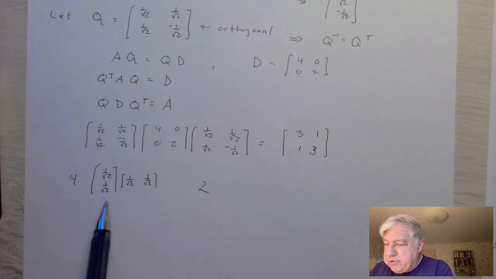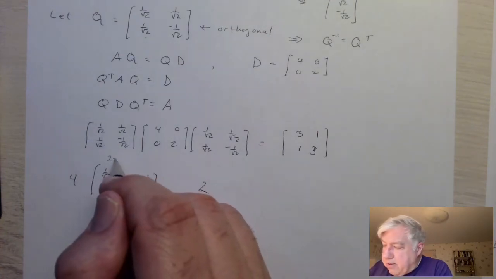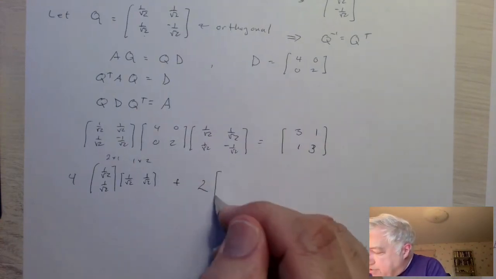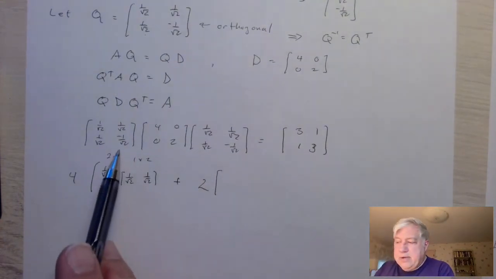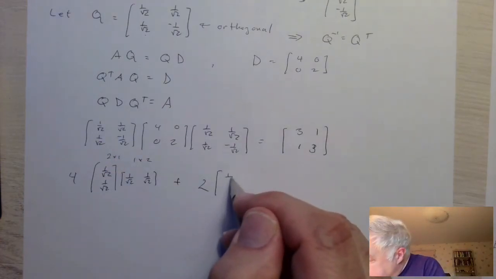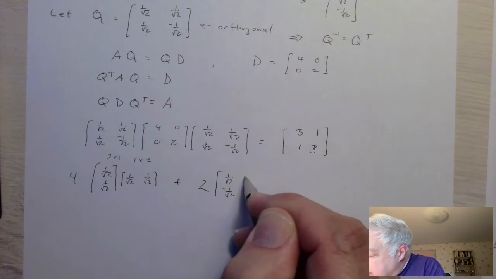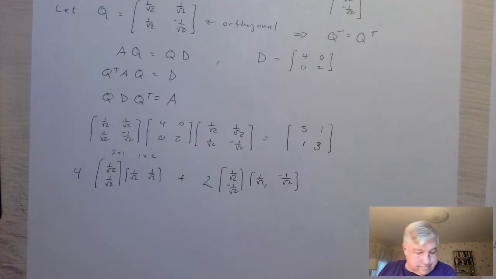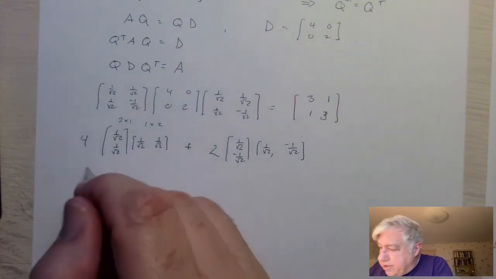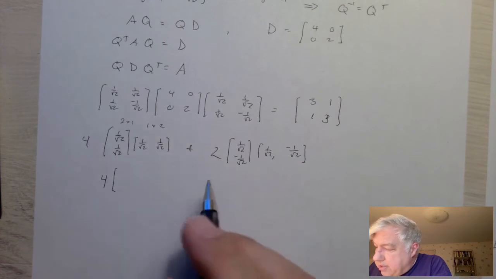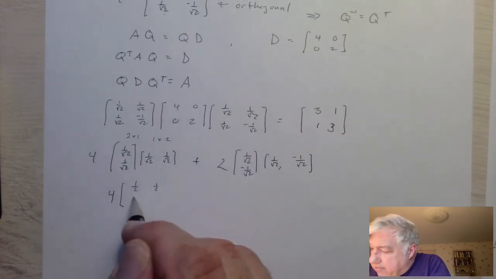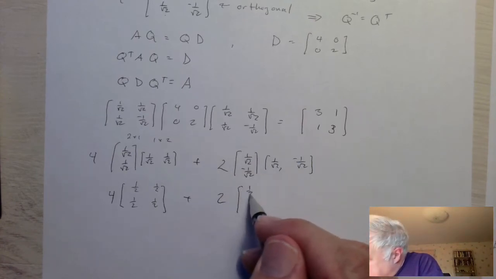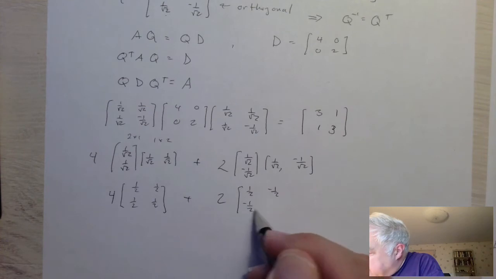This is actually going to be a 2 by 2 matrix, because this is 2 by 1 and this is 1 by 2. So it's going to be a 2 by 2 matrix. And 2 times, we have to take the second column times its transpose. Okay, and if we do this, we see that this is 4 times 1/2, 1/2, 1/2, 1/2, and this is 2 times 1/2, negative 1/2, negative 1/2, 1/2.